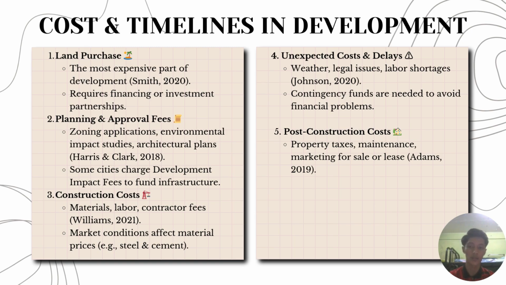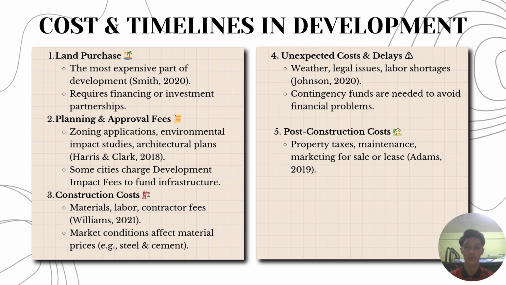According to Harris and Clark 2018, before construction begins, developer must pay for zoning application, environmental studies, and also architectural design. For the construction cost, the actual building process involves expenses for material, labor, and also contractor fees.